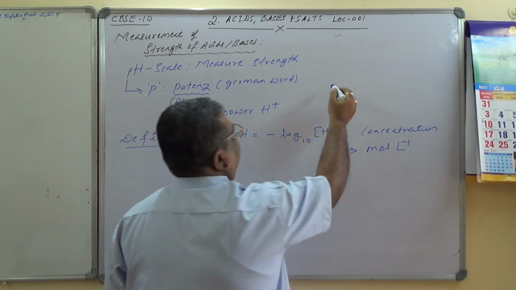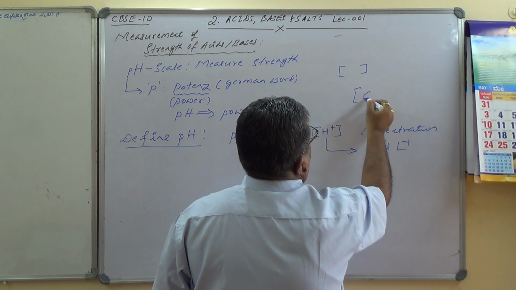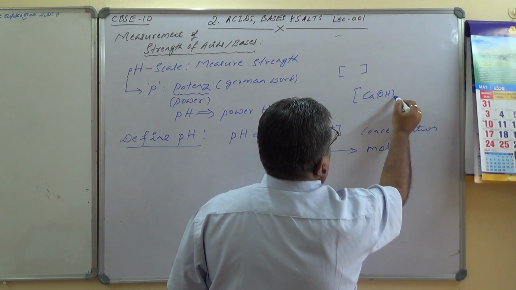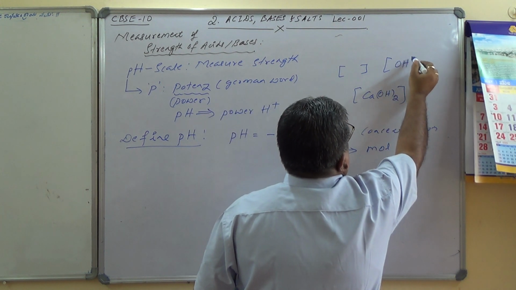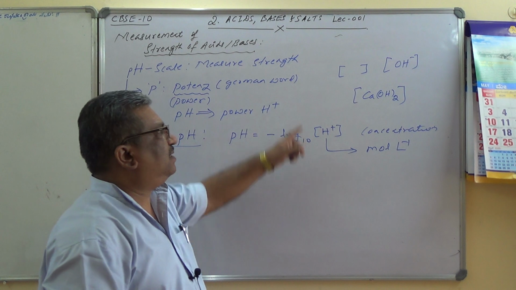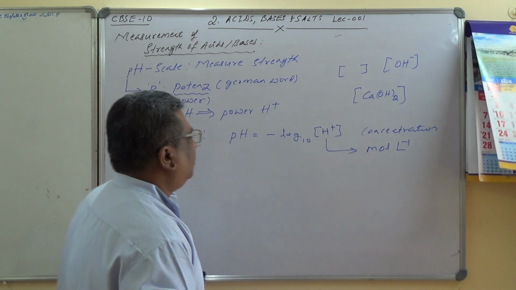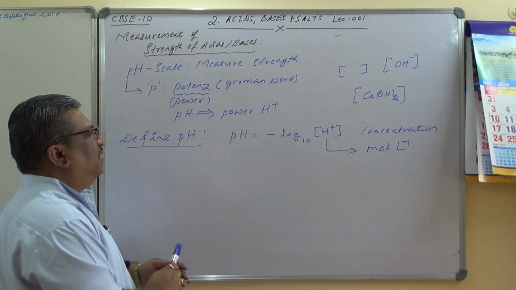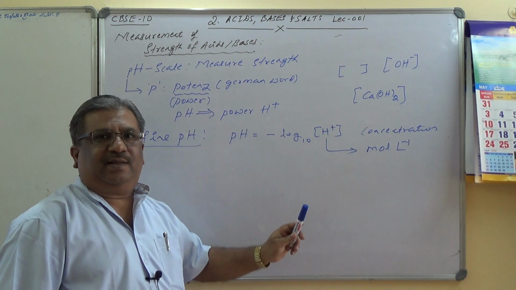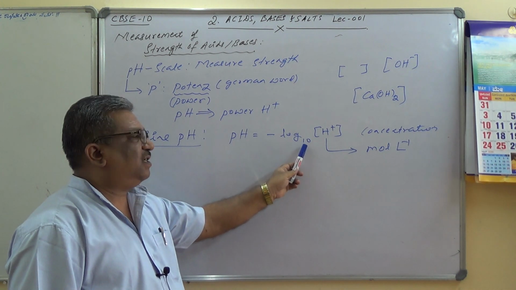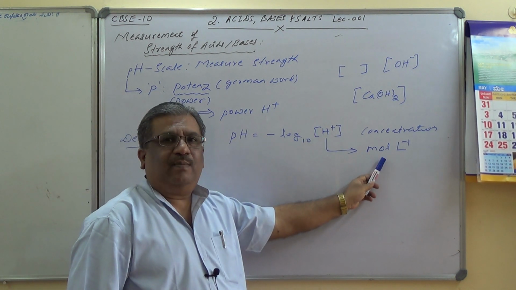Generally, the concentrations are written in square brackets. For example, what is the concentration of calcium hydroxide? This is how we write it. What is the concentration of hydroxide ions? So the square brackets generally represent the concentrations which are expressed in moles per liter. Fine. So once again, how do you define pH here? pH is defined as the negative logarithm, log means logarithm, negative logarithm to the base 10 of hydrogen ion concentration expressed in moles per liter.